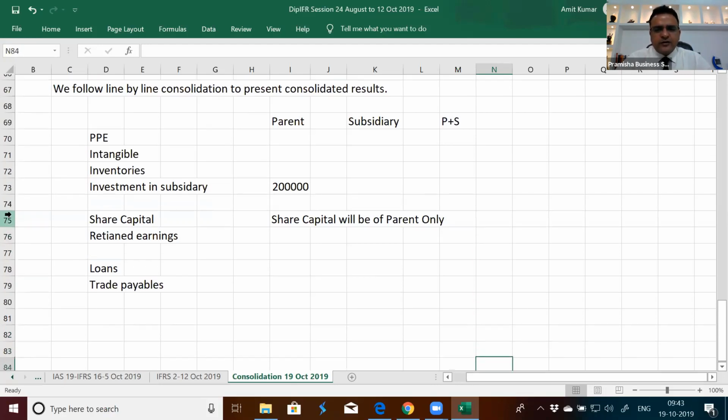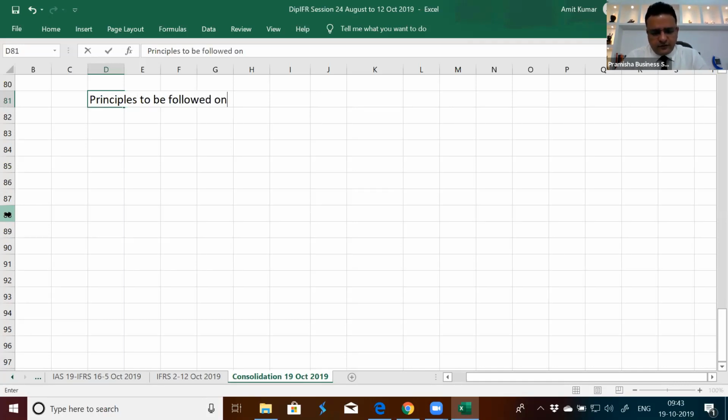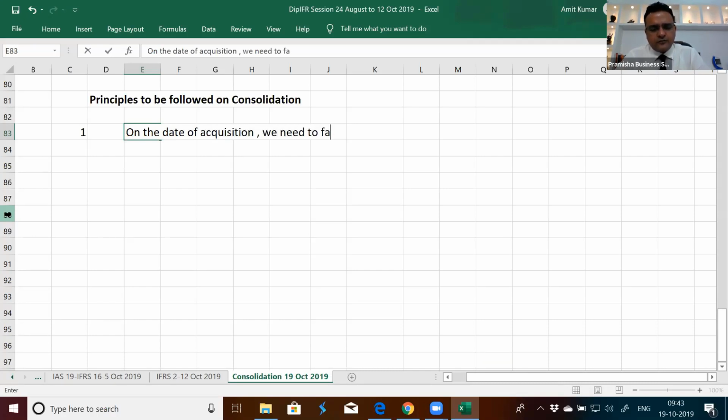So in consolidation, there are some principles which you need to follow. Principles to be followed on consolidation. One, on the date of acquisition, we need to fair value the net assets of the subsidiary.